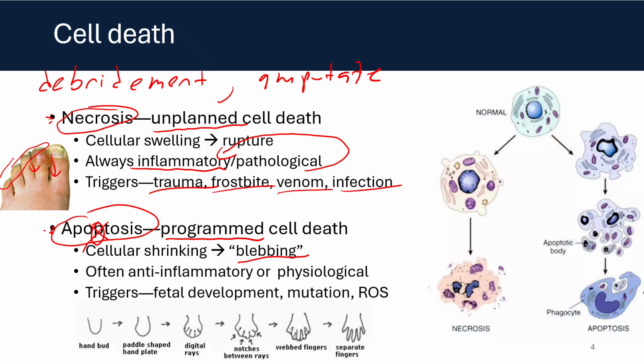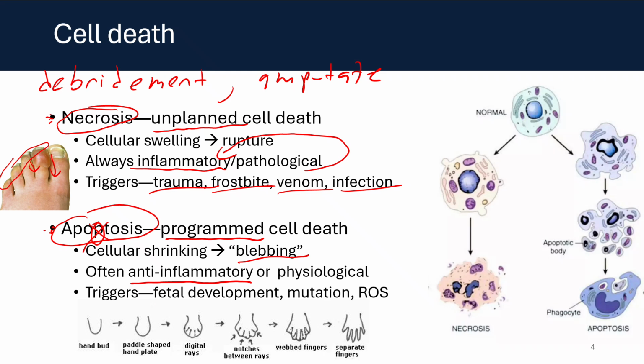These blebs don't create mass hysteria. They tend to be anti-inflammatory or outright physiological, and those blebs can get scavenged and recycled by nearby cells like phagocytes. So therefore, unlike necrosis, apoptosis is frankly protective sometimes. When do we see this occur?